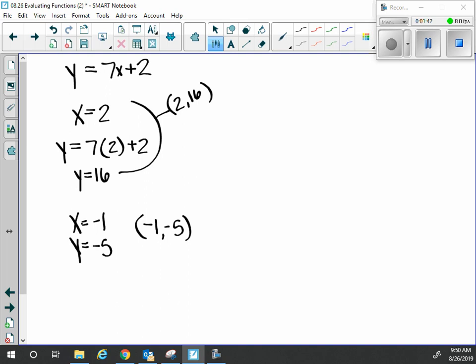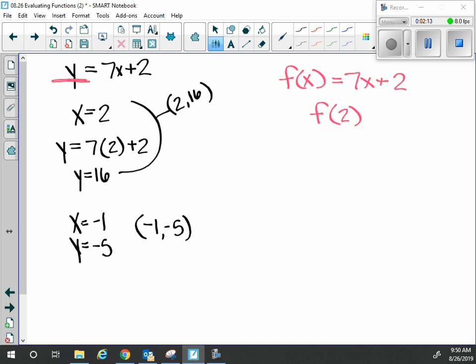Now, if I'm talking about function notation, you're essentially replacing the y with a new way to write it. So you're saying f of x, where x is the input and f is the name of the function, equals 7x plus 2. If I was going to evaluate where my input was 2, instead of saying x is 2, they're going to write f of 2.